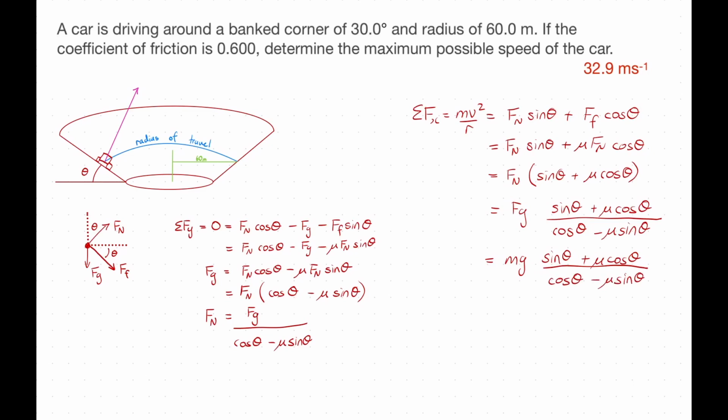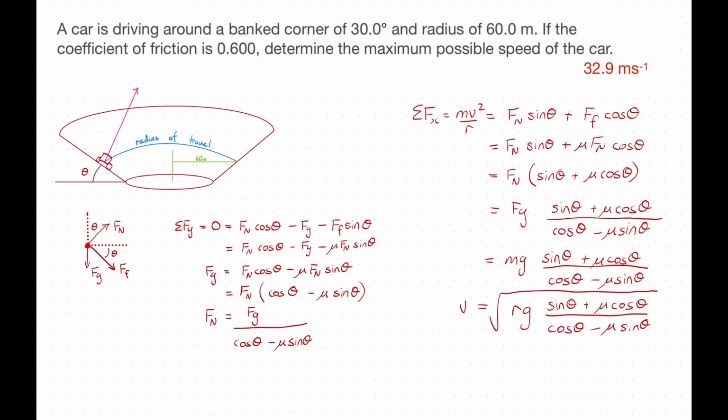I have now got a mass on both sides of the equation, so it is going to cancel. And I'm after the velocity, so I need to take the square root and multiply both sides by radius. So that will get me that the velocity is then going to be equal to the square root of rg times sine theta plus mu cos theta divided through by cos theta minus mu sine theta.